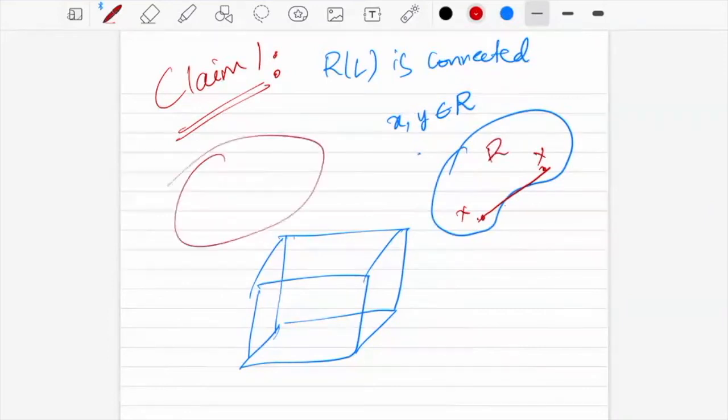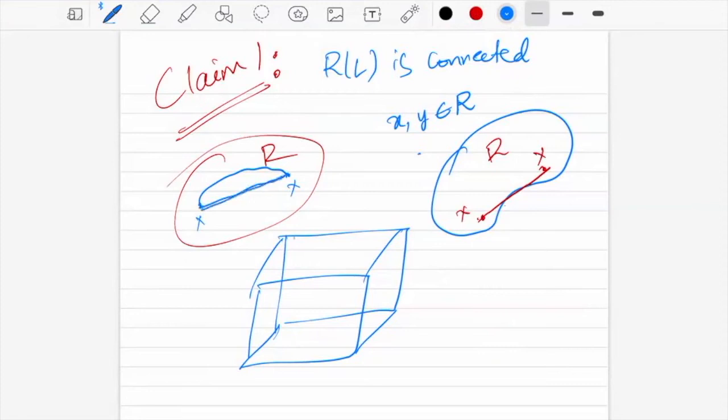If I take one more region R with 2 points X and Y, they are connected somehow, but not in a straight line. It's difficult to prove whether they are connected unless they are connected in a straight line.